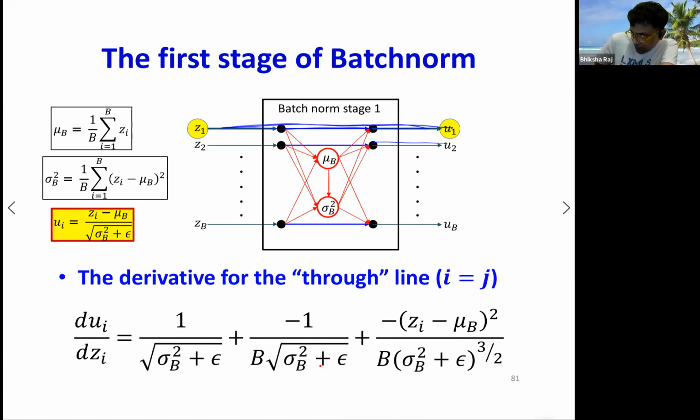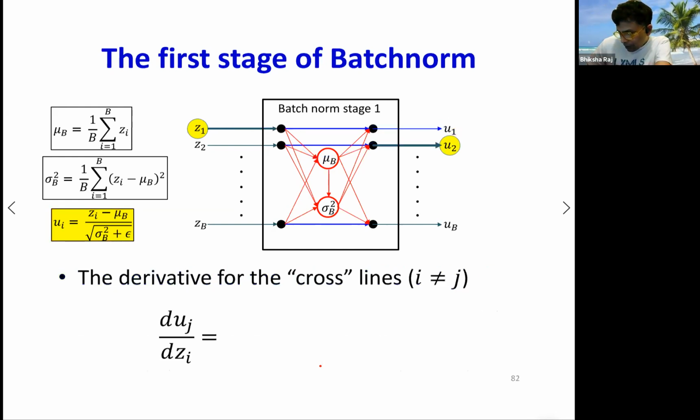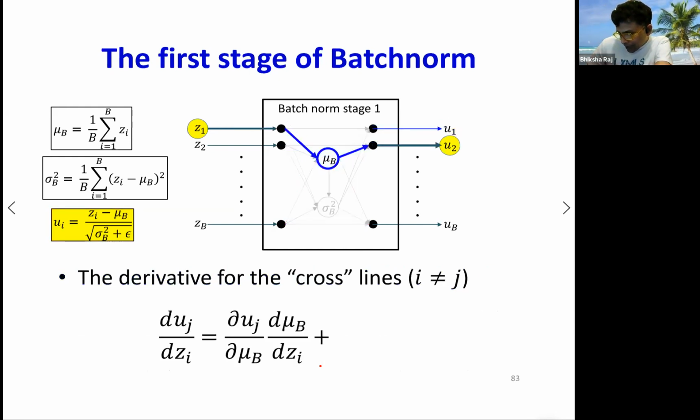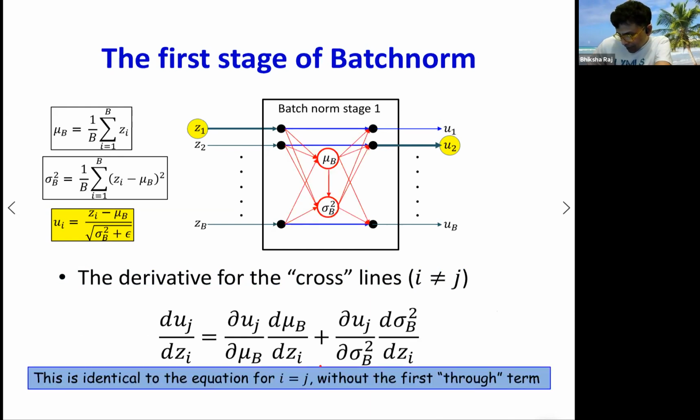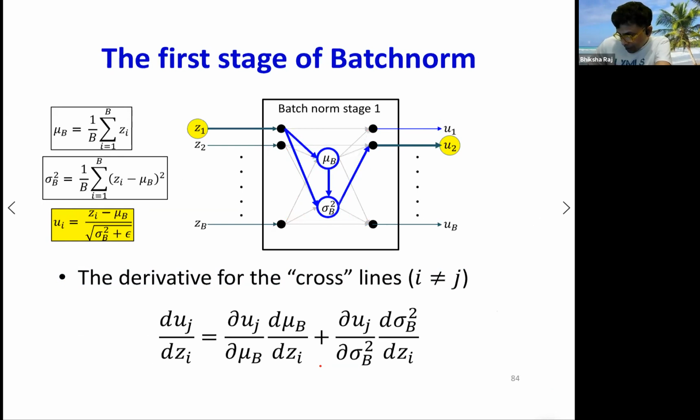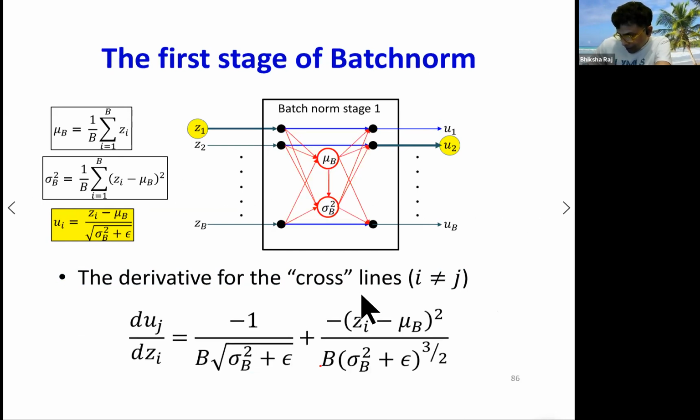What about a derivative of this kind, which is not a through connection? What will that look like? Anyone? So the derivative of the cross line is just going to be this term plus this term, which is identical to the equation for the i equals j term, except without the direct line, right?